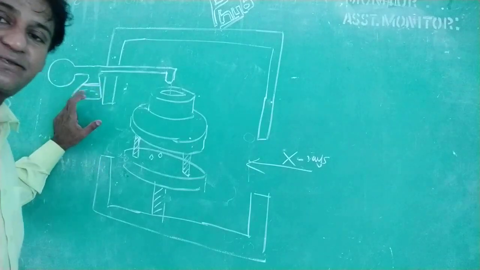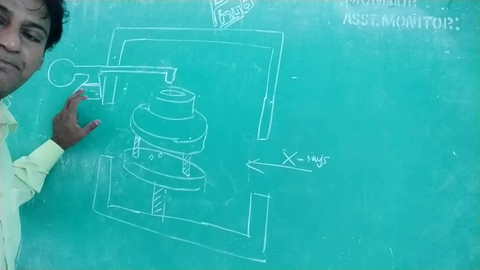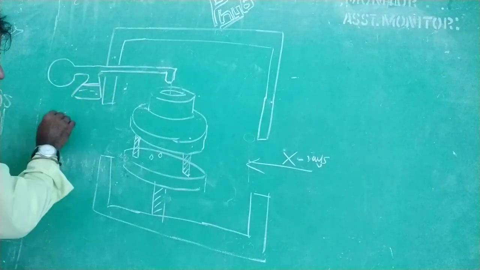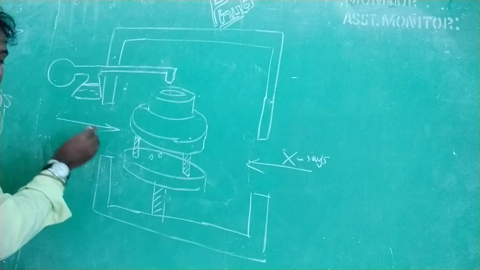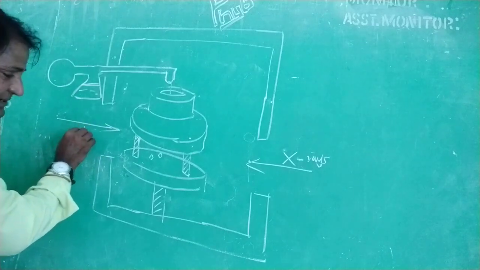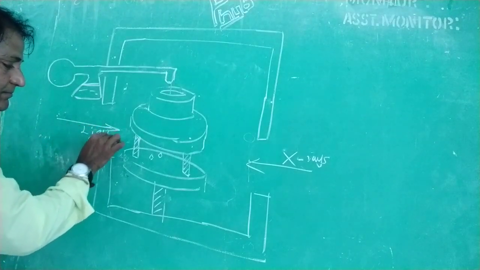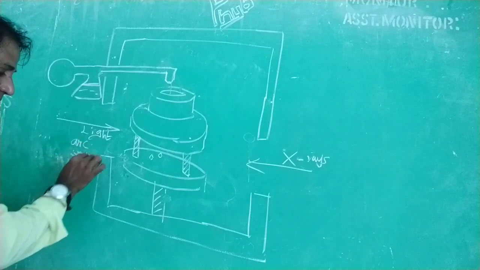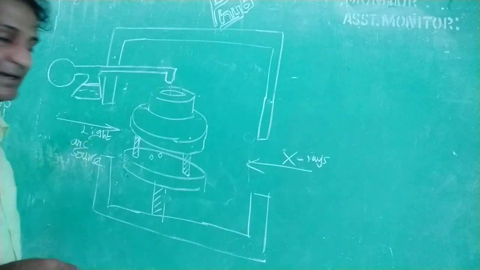This atomizer contains a liquid of high viscosity, and here we pass light from an arc source, right?